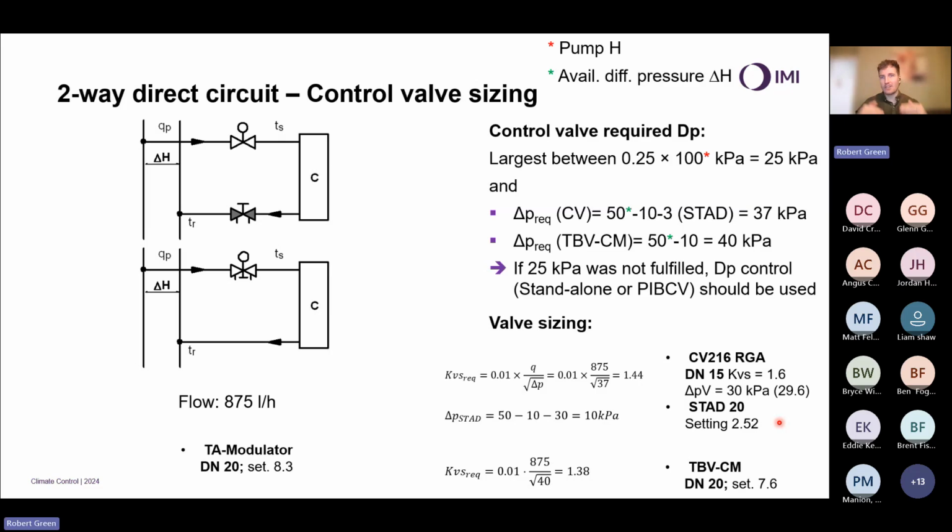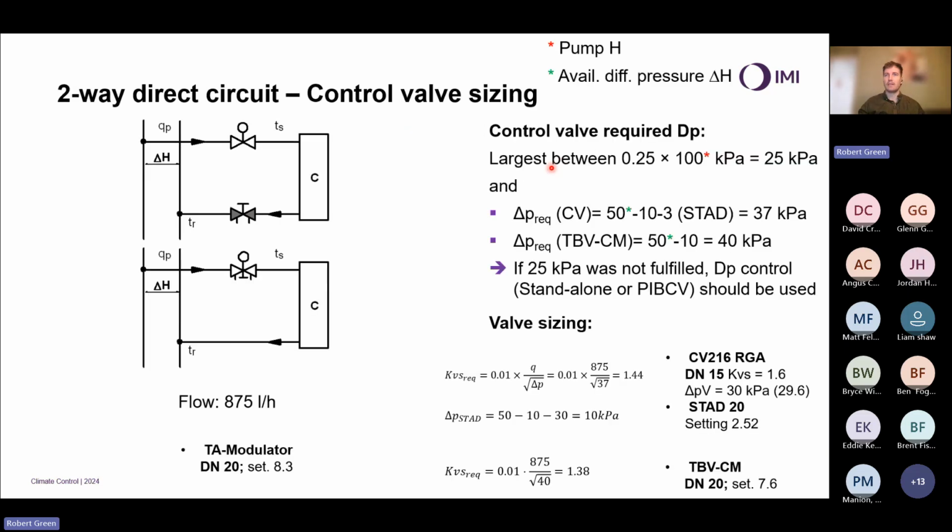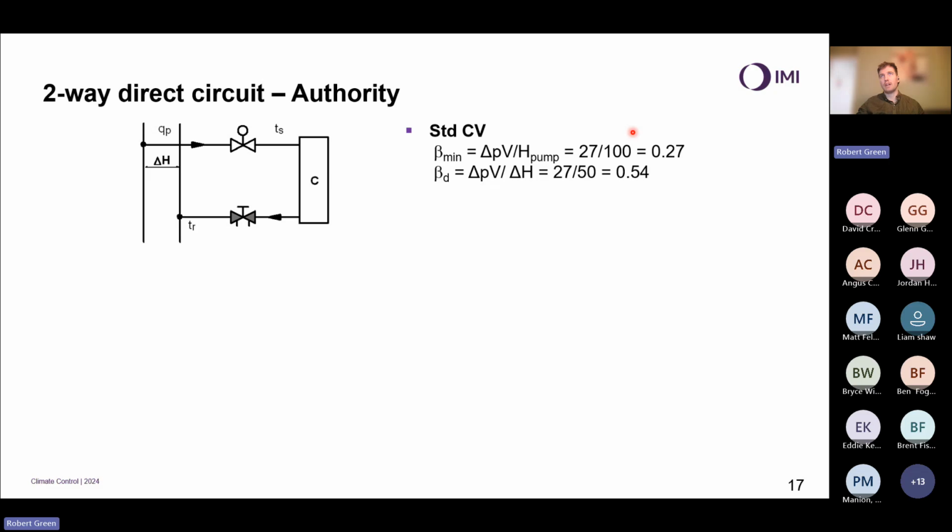So that's my valve selection criteria. We've now selected the valves there for these two-way direct circuits. Let's have a look at how the authority works out. Let's calculate the authority on these. We're going to start out with a standard one. So we have my minimum is, apologies, the figures are different between this page and this page. 27 divided by 100, which is 0.27.